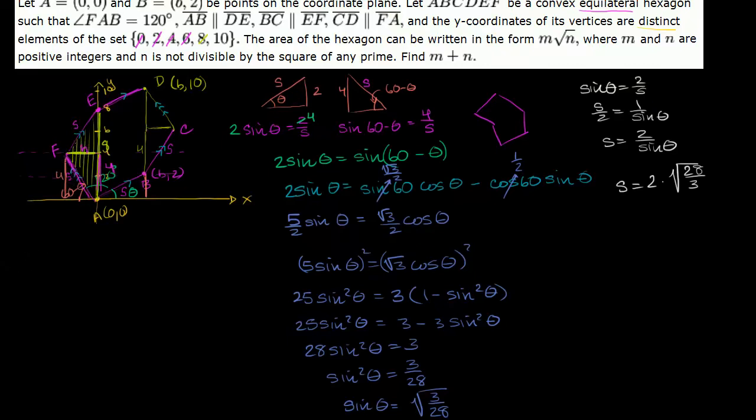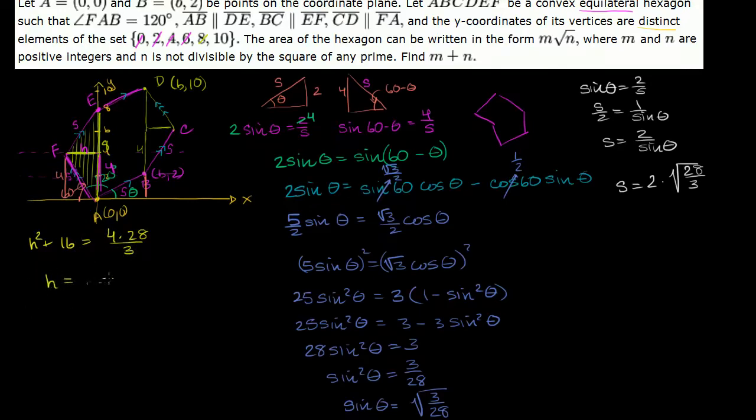We could say that h squared plus 4 squared, plus 16, is equal to the hypotenuse squared, is equal to s squared. s is this thing over here. So if we want to square s, it becomes 4 times 28 over 3. And we just subtract 16 from both sides.